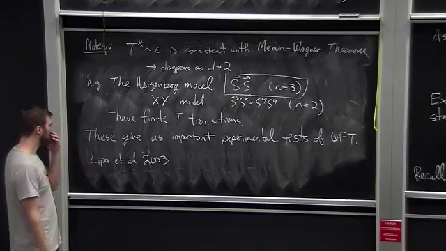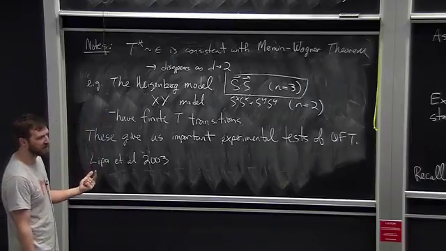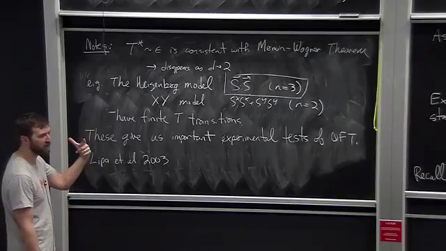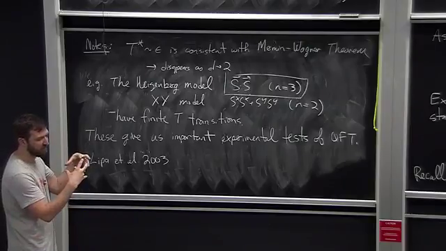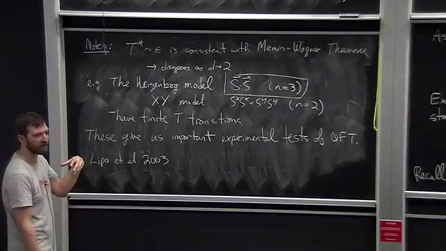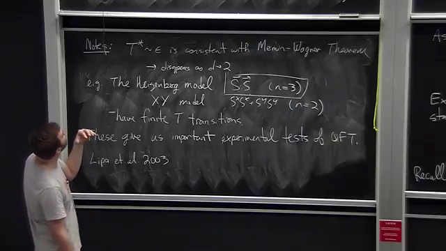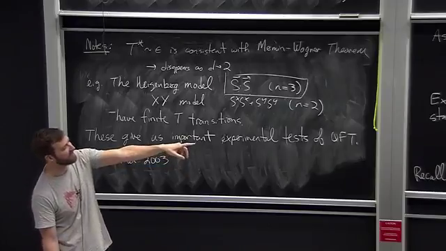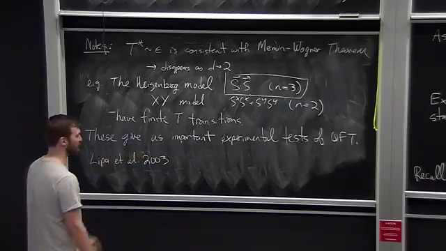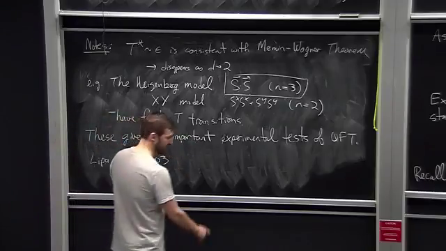Lipa, I guess, 2003. They sent an experiment on the space shuttle with helium to measure alpha in microgravity, and it was specifically to test that alpha calculated from the nonlinear sigma model.